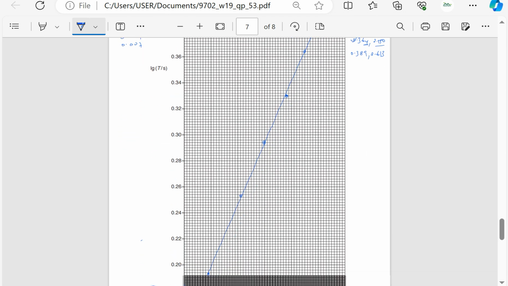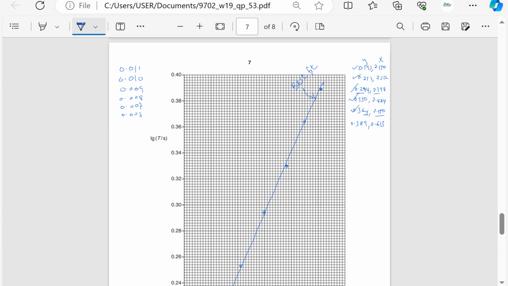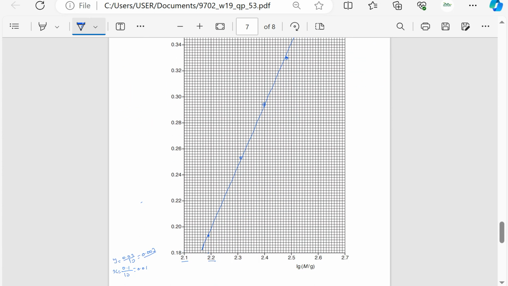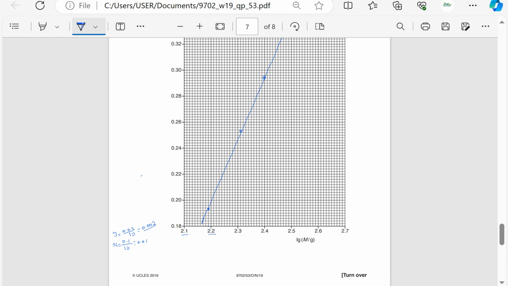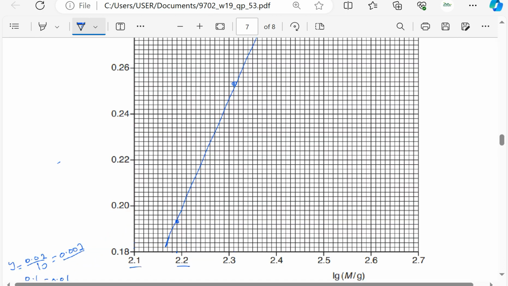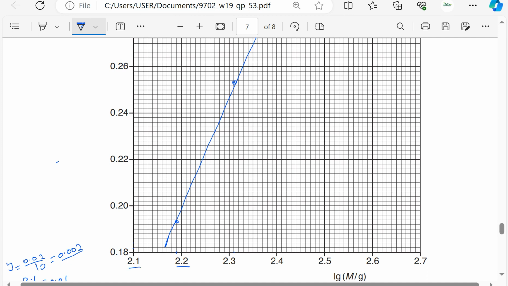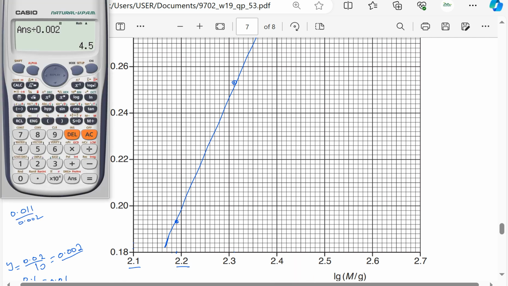For the first one, it was 0.011. Remember the error bars are on the vertical, so I have to use the scale when I'm plotting these error bars. I have to divide 0.011 by the scale, which is 0.002, to know how many squares those are.